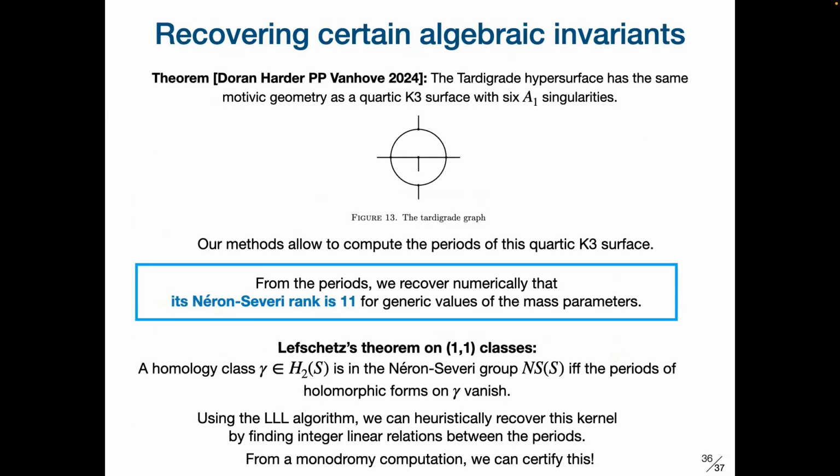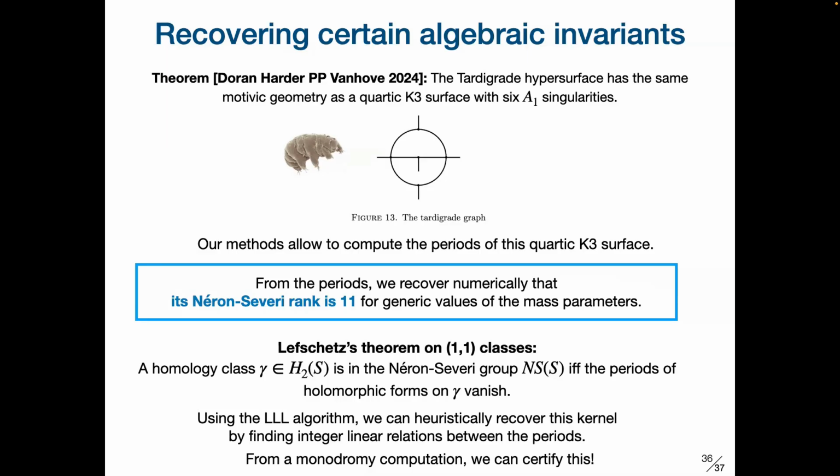This allows you to deal with non-smooth varieties. For example, a Feynman graph, the tardigrade graph, which was mentioned already in the previous talk. You can see the very clear resemblance between the graph and the tardigrade. It turns out that the underlying geometry, I mean, it's not necessarily obvious.